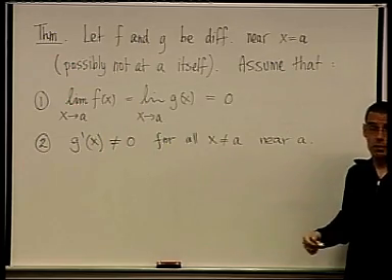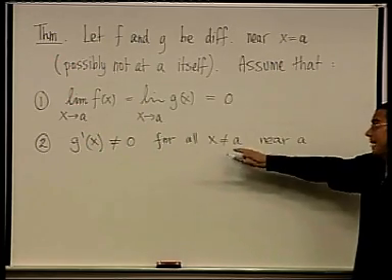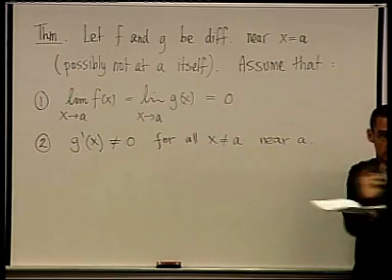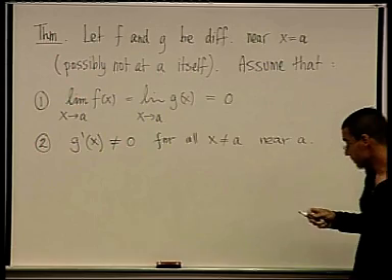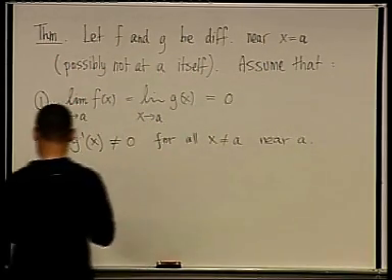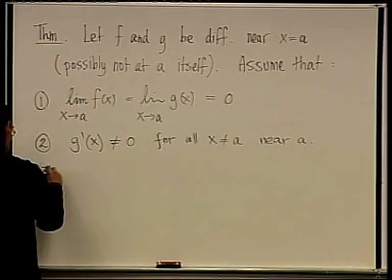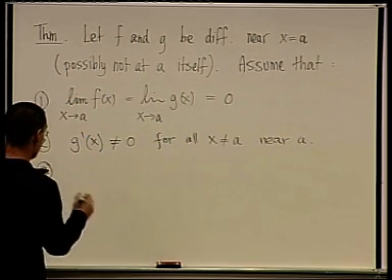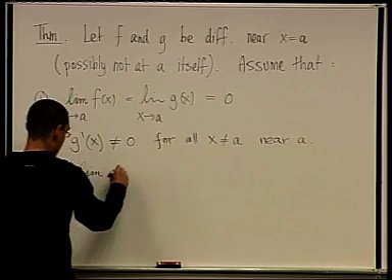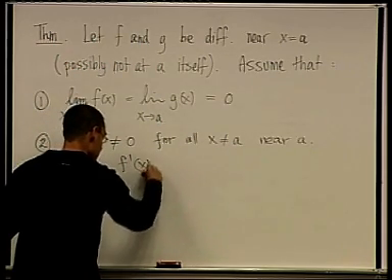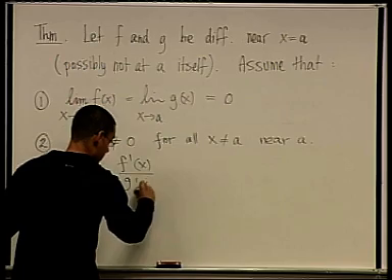We must assume that g prime is not 0. It could be 0 at the point a. At the point a, we don't care what's going on. We're just discussing limits. Okay? And the third condition, again an obvious one if you want to apply this theorem, is that the limit of the quotient of the derivatives has to exist.